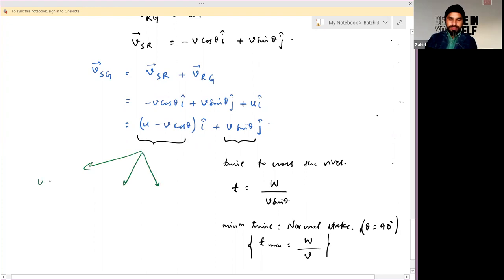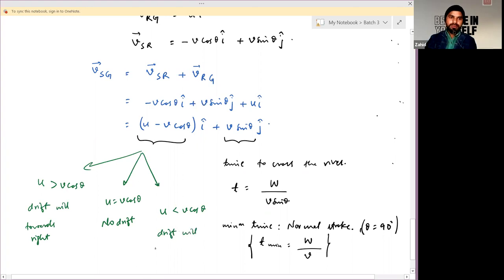If u is greater than v cos theta, drift would be towards right. If u equals v cos theta, then there will be no drift. And if u is less than v cos theta, then drift will be towards left.